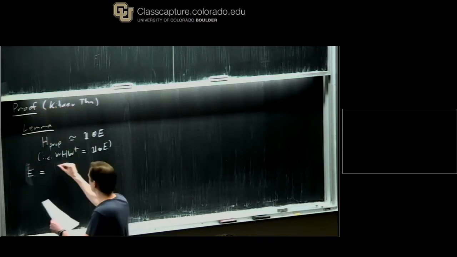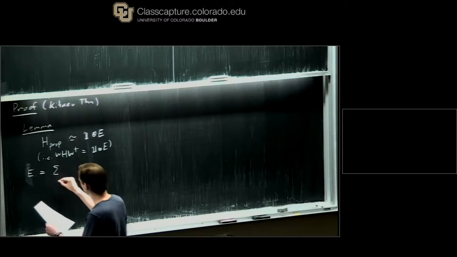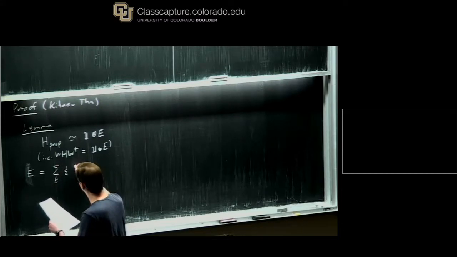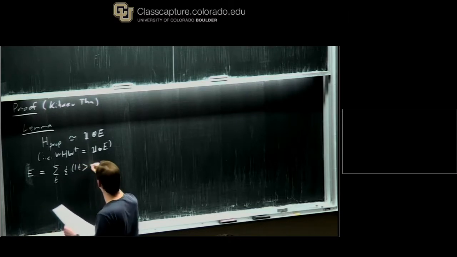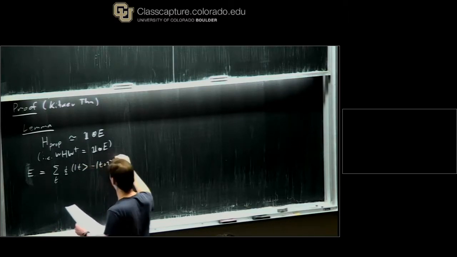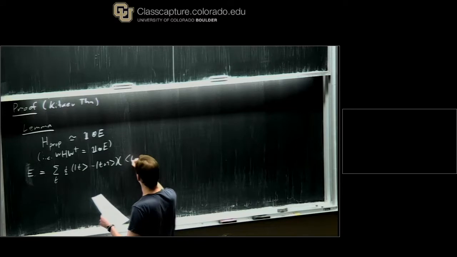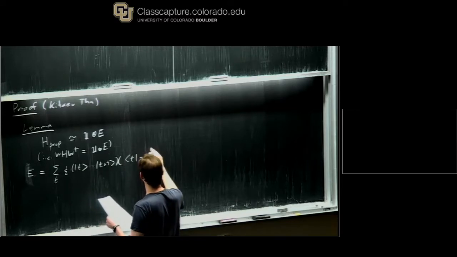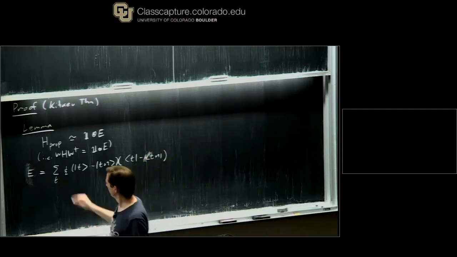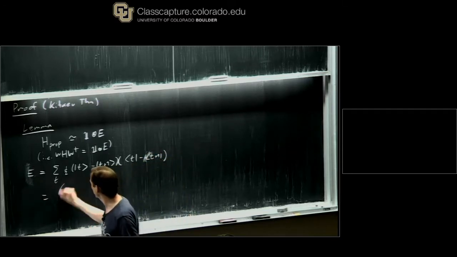If I write it out, it's a sum over T of a half T minus T plus 1... Or if I write this out as a matrix, what does this look like?